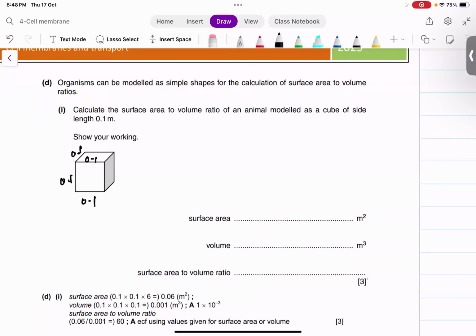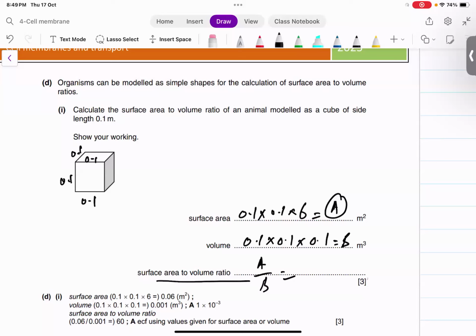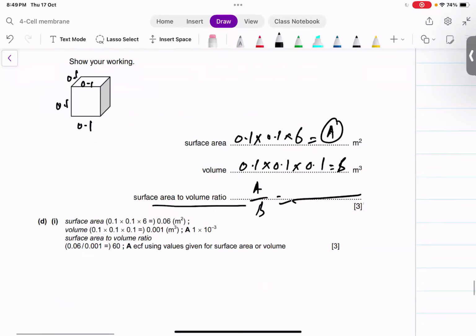Surface area would be 0.1 into 0.1, and as there are 6 surfaces, you should multiply it by 6. Volume would be 0.1 into 0.1 into 0.1. You can then calculate the surface area to volume ratio by having this calculated here and this calculated here, and then the ratio will be A over B. So that would give us a calculation here.